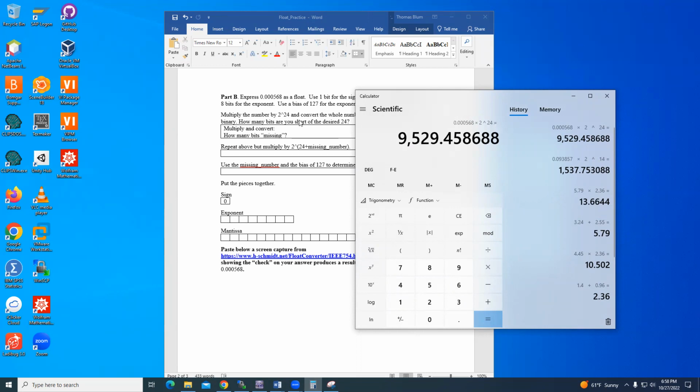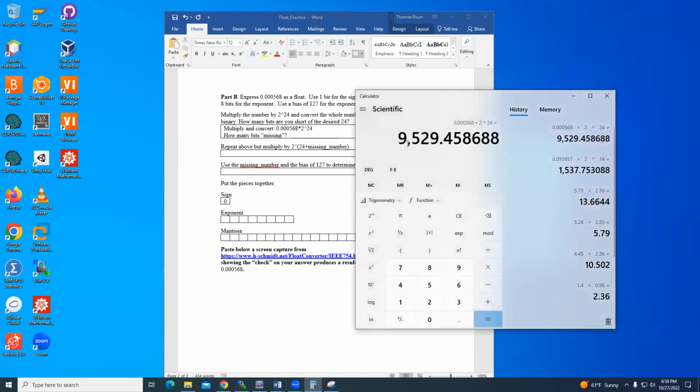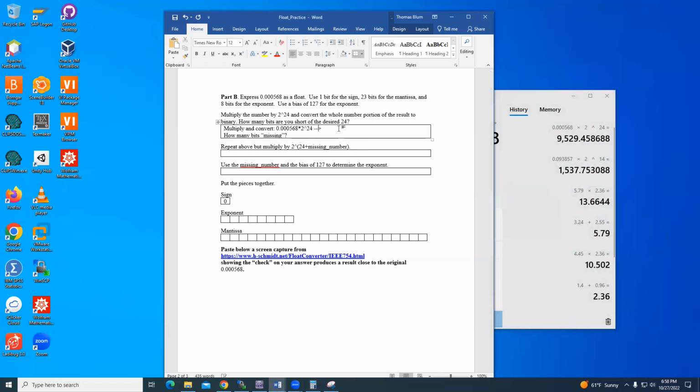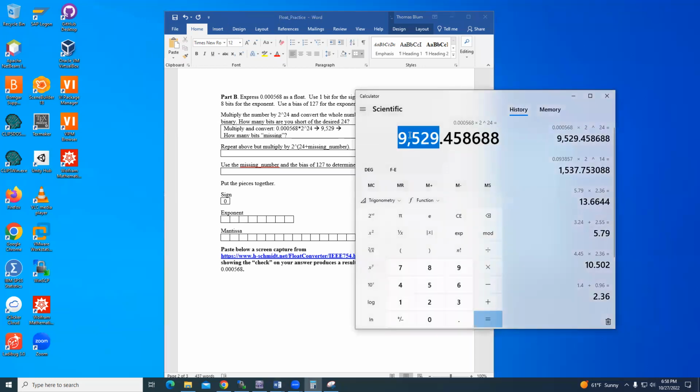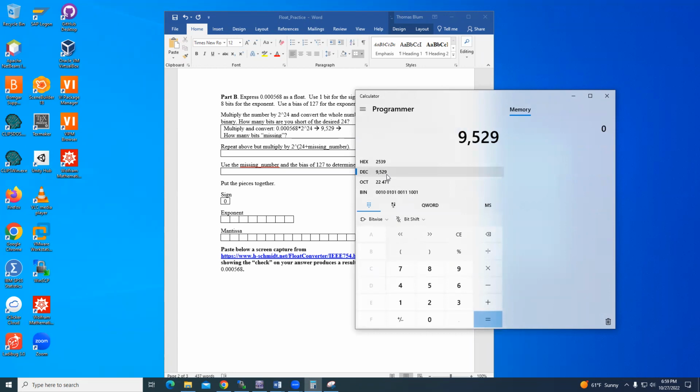So let's take 0.000568 times 2 raised to the 24. And that gave me that. And then that I'm going to put into programmer mode and get the binary.